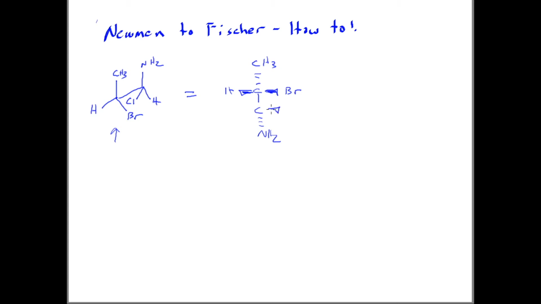You can see it very clearly when you build a model. So by doing this, you can convert this to this Fischer projection. Now you can use this to determine the absolute configuration, or R and S.